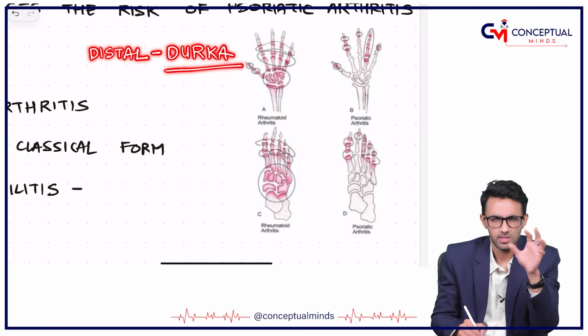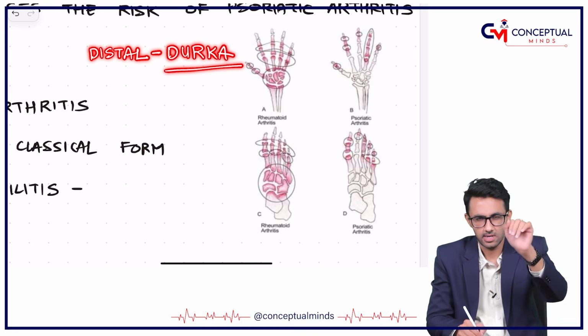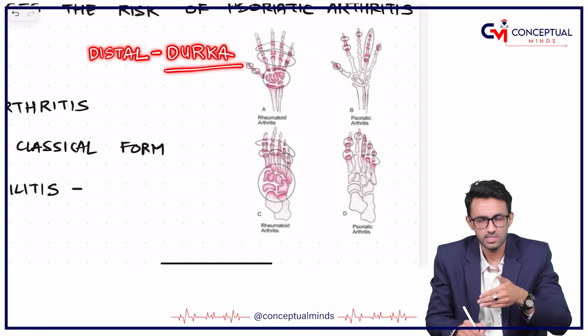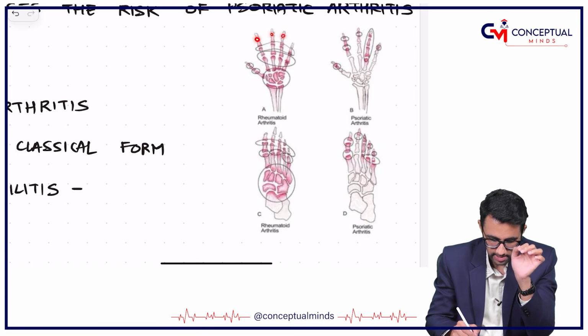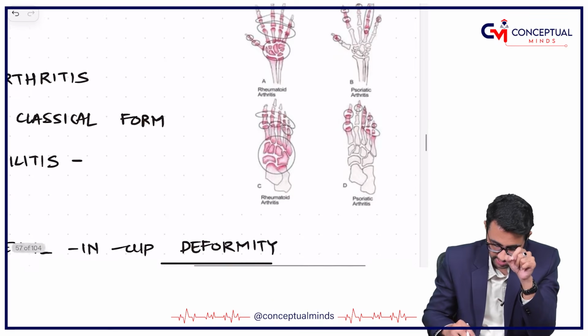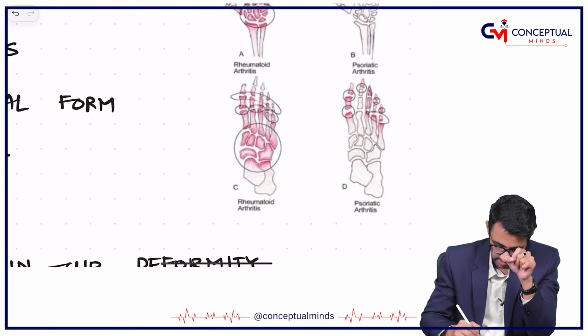Distal means far, distant, and proximal means near. So these are not involved in rheumatoid arthritis, but PIP are involved. Even in the feet, this is involved, the others not involved.